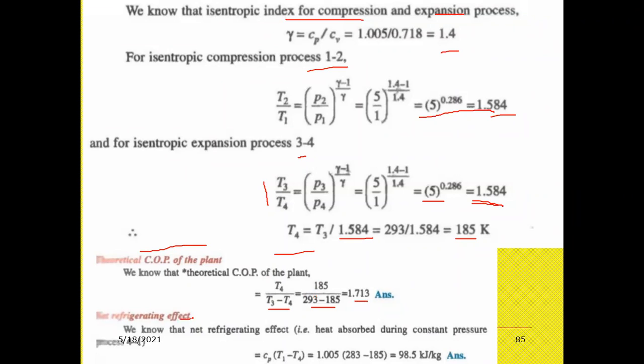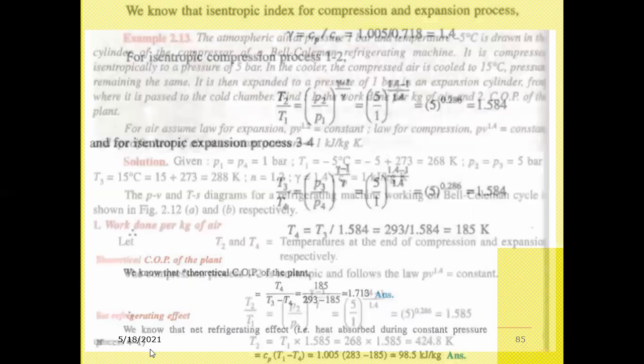We know that refrigerating effect is equal to Cp of T1 minus T4, that is 1.005 times 283 minus 185, which is equal to 98.5 kilojoules per kg. So substituting the values there, we are getting the answer.